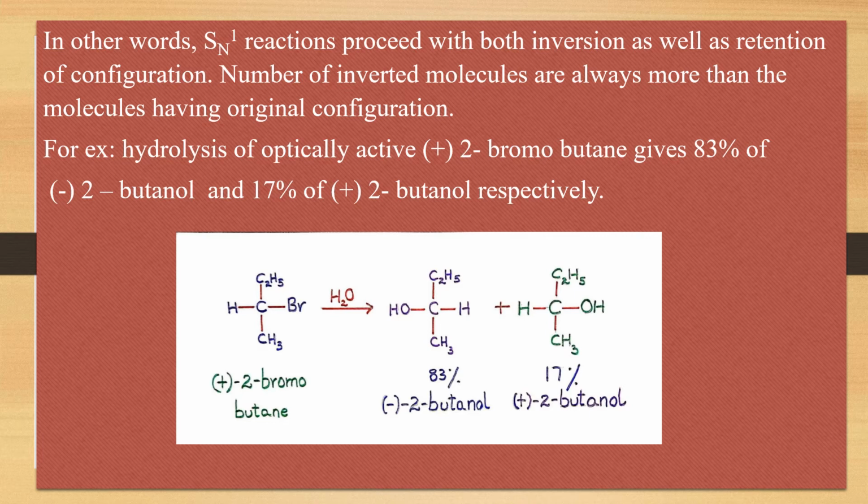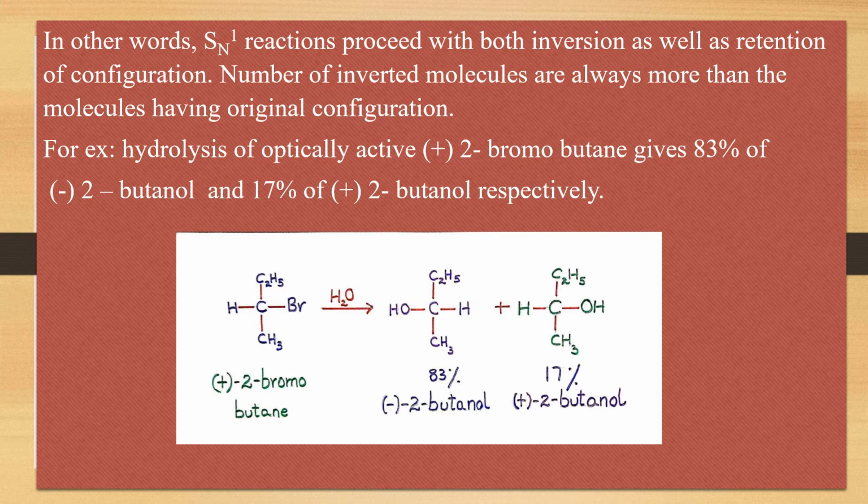There is a carbon atom surrounded by hydrogen on the left side, bromine on the right side, ethyl group on top and CH3 group at the bottom. It can be named 2-bromobutane. It is optically active; it can rotate the plane polarized light towards the right side.